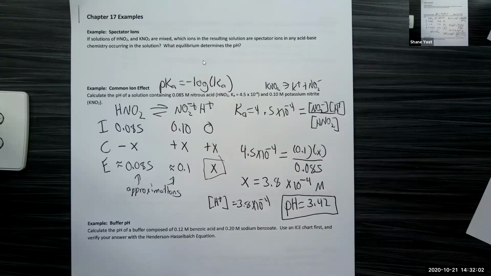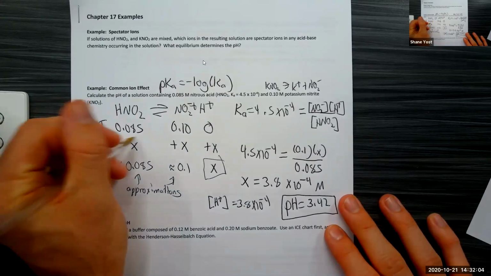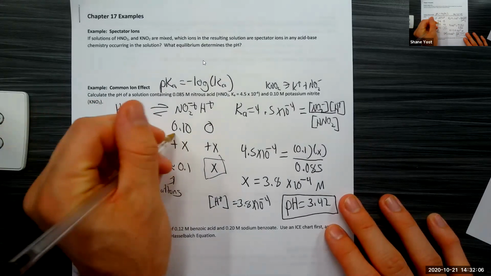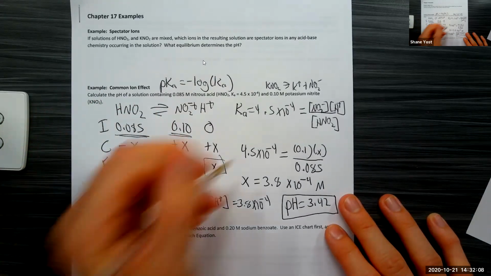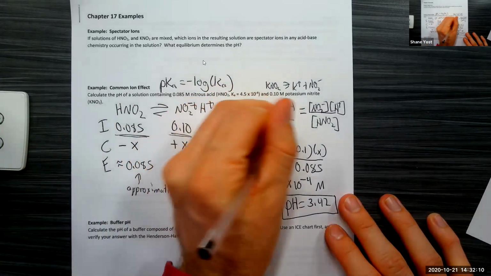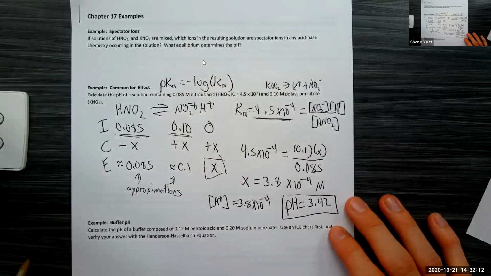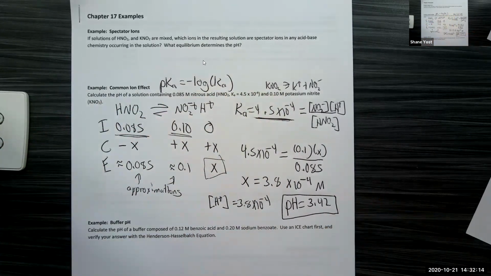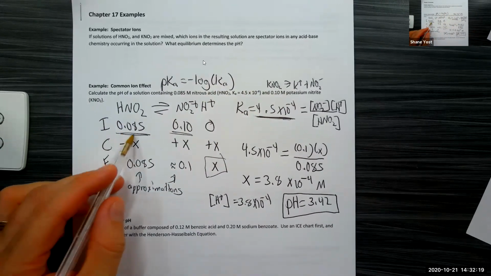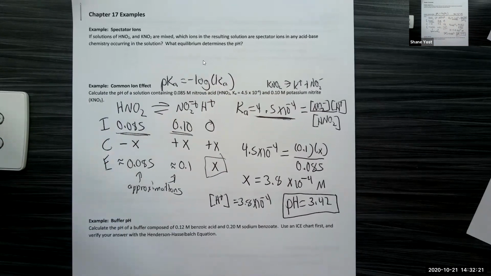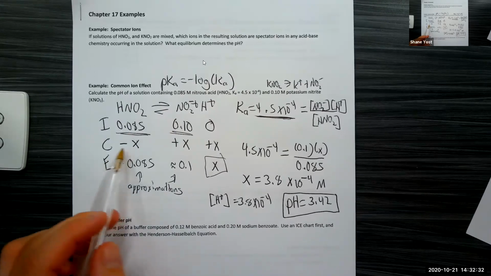Basically, I look at my concentrations here and compare that to the equilibrium constant. It's a factor of 100 to almost 1,000 different between the two. Based off of that, I use that to say the change X is going to be pretty small.